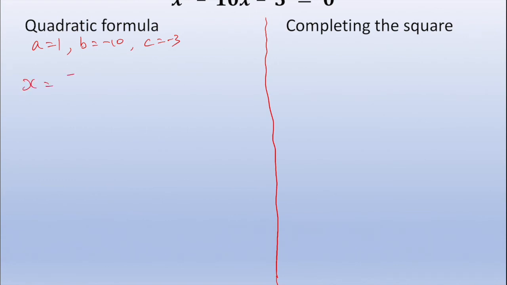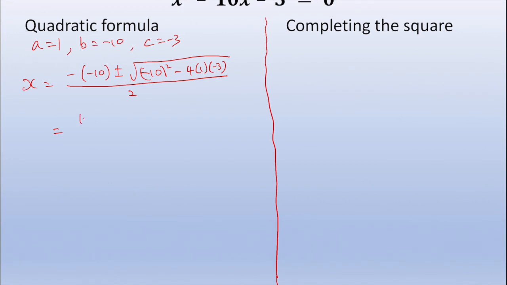So x equals minus b, minus minus 10, plus or minus square root of minus 10 squared minus 4 times 1 times minus 3, over 2. Therefore that is 10 plus or minus square root of 100 plus 12 over 2.